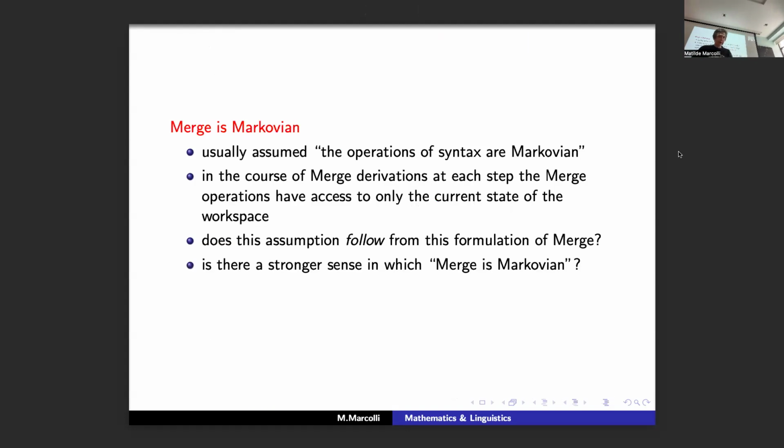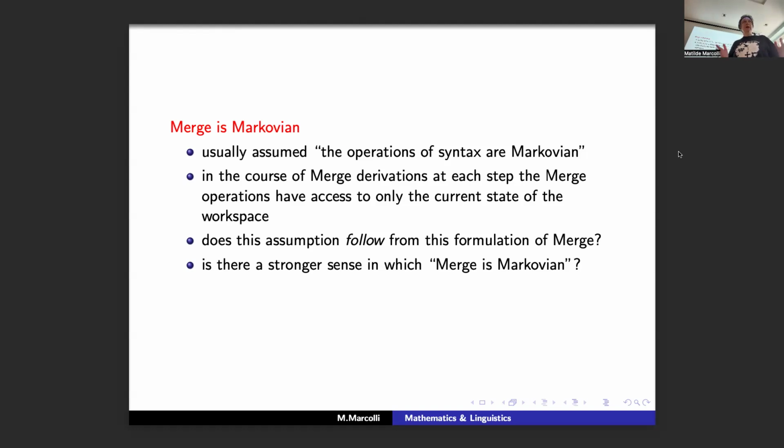Okay, so this is another of the list of properties that I was discussing at the beginning in the linguistic introduction to this model. And now the next property in this wish list is the fact that merge is Markovian.